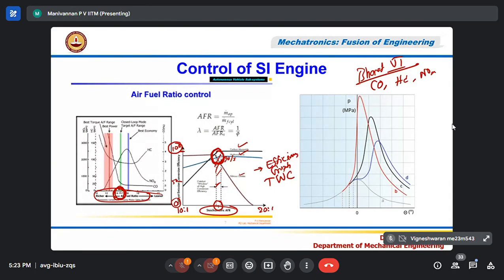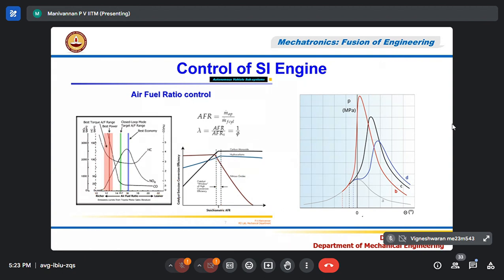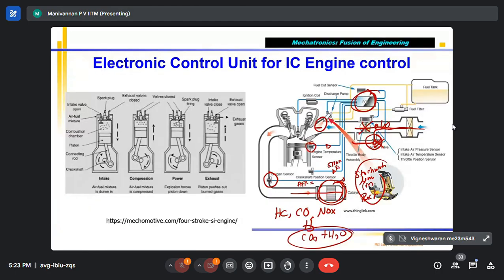Okay. Then another thing, I am showing another graph also. This graph's x-axis is the spark angle, in fact, they say before TDC. Because yesterday I told you that when the piston is moving up during compression, the fuel-air mixture inside the combustion chamber is compressed.